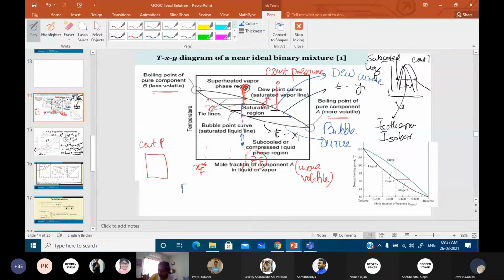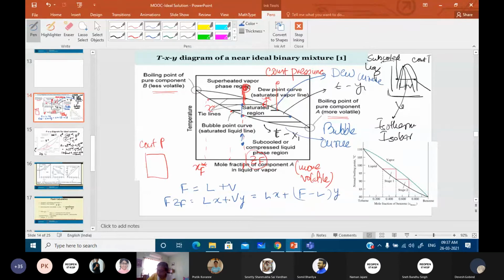The total amount of the mixture in moles is F. F will be equal to L plus V. Similarly, FZF will be equal to Lx plus Vy. So from here we can write it as Lx plus (F minus L) into y.